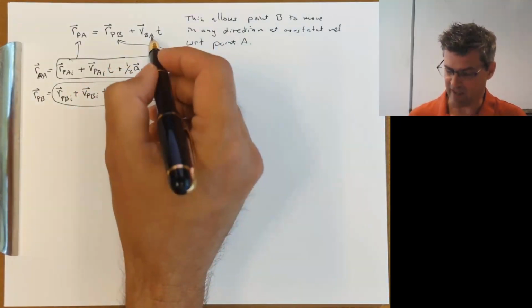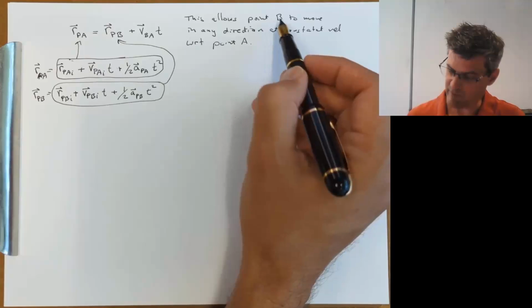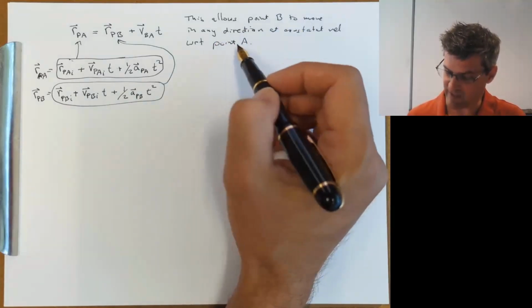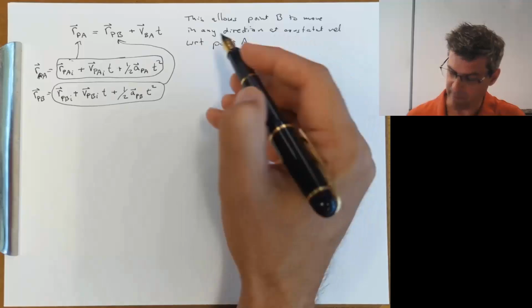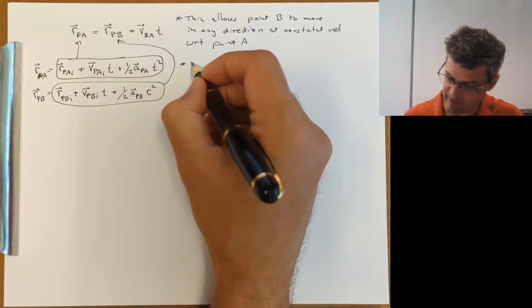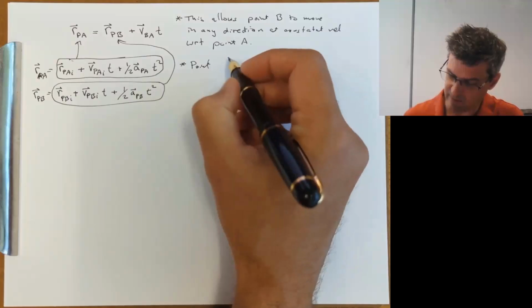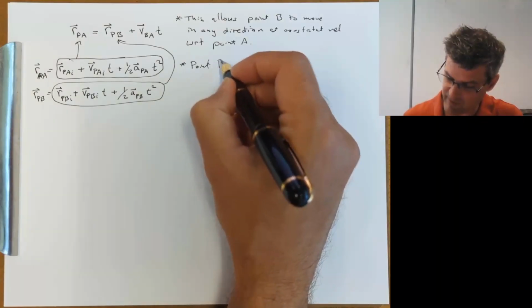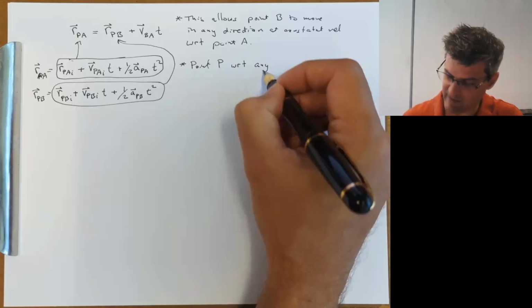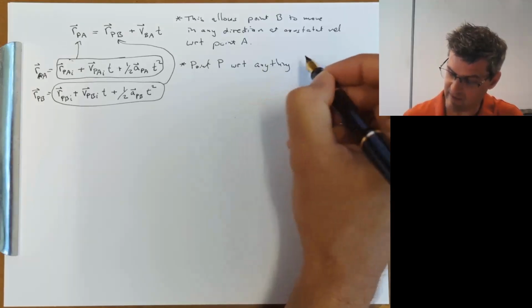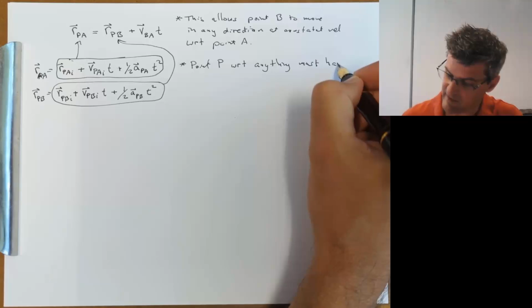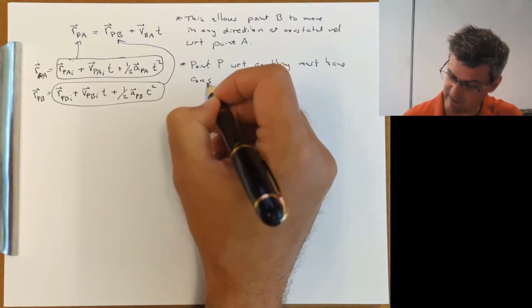Now this allows point B to move in any direction at constant velocity with respect to point A. But another thing to keep track of, point P with respect to anything must have constant acceleration.